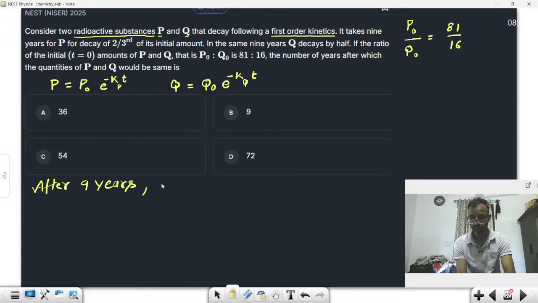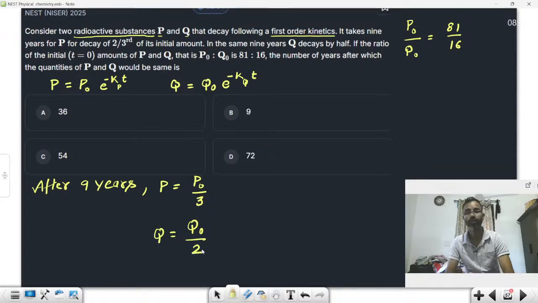So after 9 years, P is equal to P naught by 3, and Q is equal to Q naught by 2, because in the same 9 years Q decays by half. That means for Q, 9 years is its half life, right?